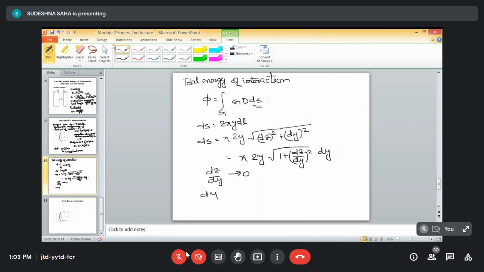Sorry, dS, not dy. dS will be equal to 2 pi y, and rather than dl we can write it as dy. Then, substituting this over here, we can write phi will be equal to the integral of s1 g t 2 pi y dy.